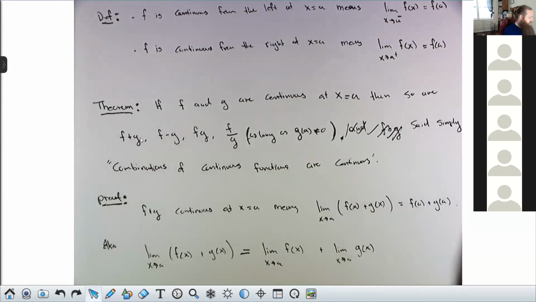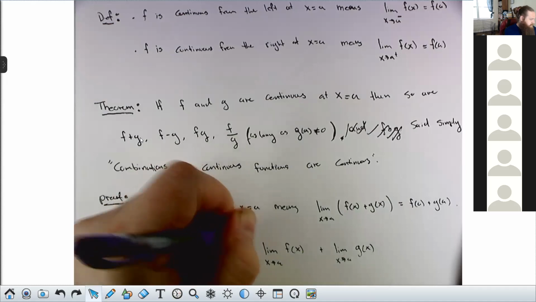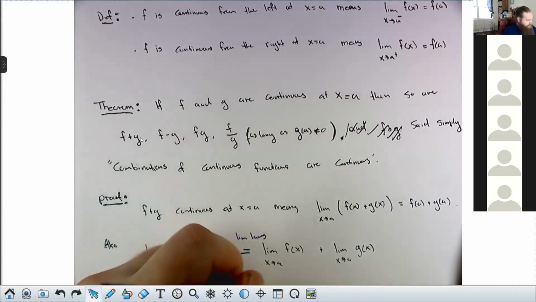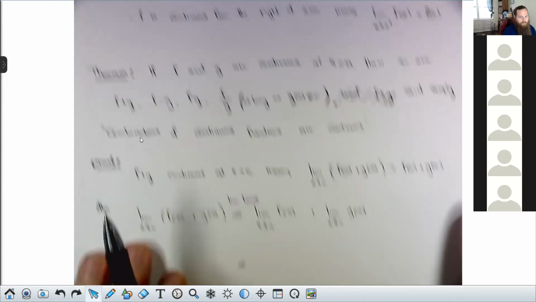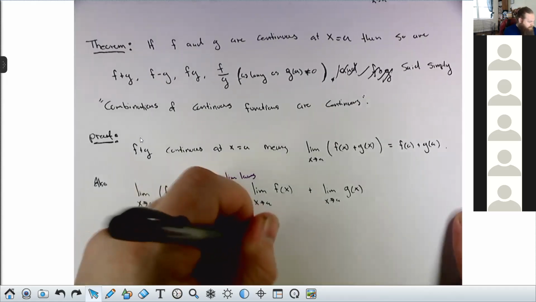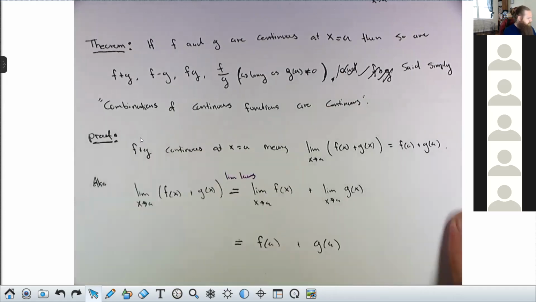This is by the limit laws. And now, since each of those functions is known to be continuous at a, this guy has to be f of a, and this guy has to be g of a.